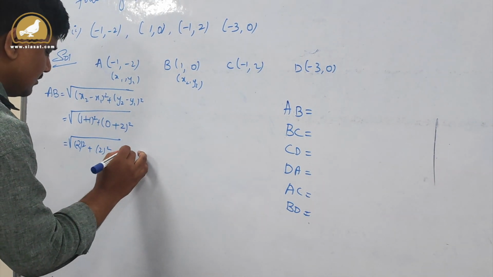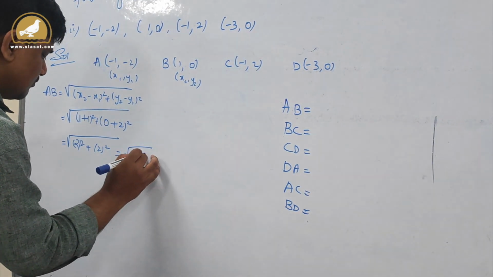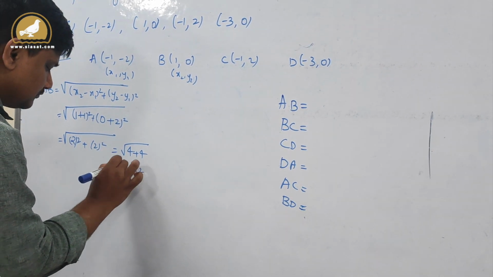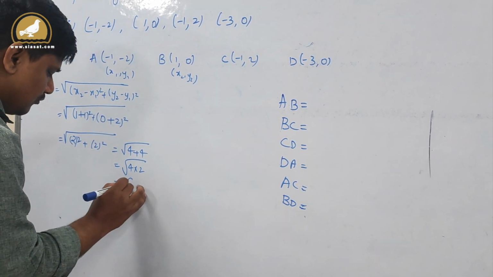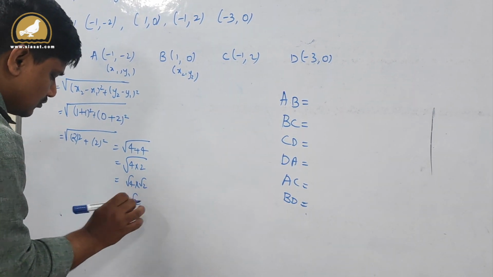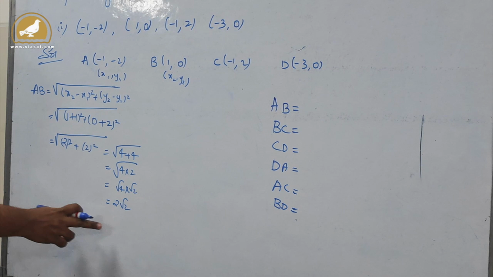That is nothing but 4 plus 4. This I can write as 4 into 2, root 4 into root 2. This is 2 root 2. So I got the value of AB as 2 root 2.